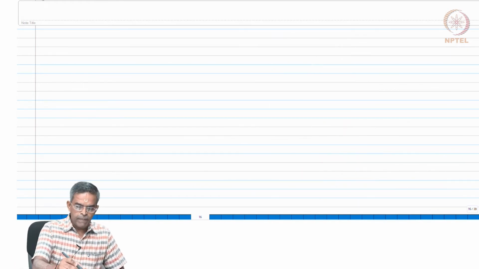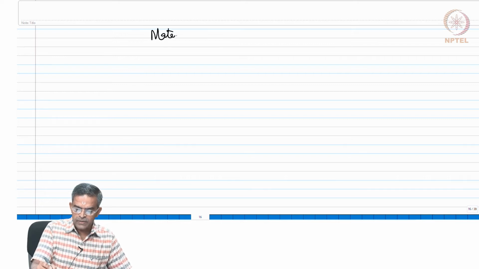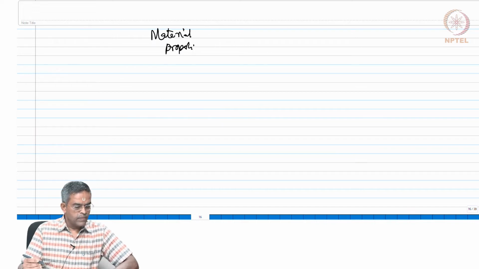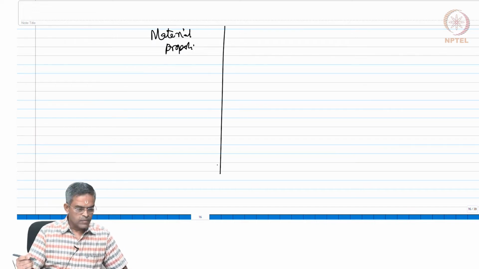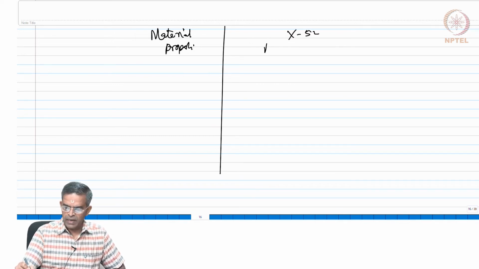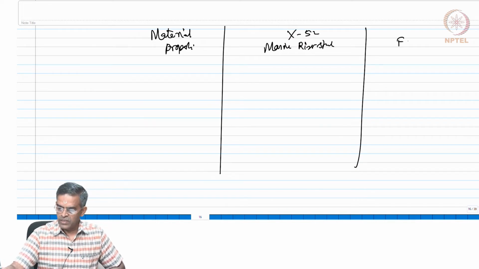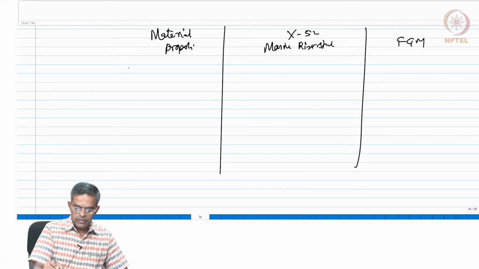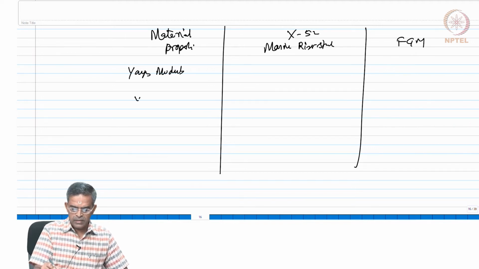So, let us say the material properties, we will compare this with X52, which is the marine riser steel they call, with our FGM under Young's modulus, yield strength, ultimate strength.